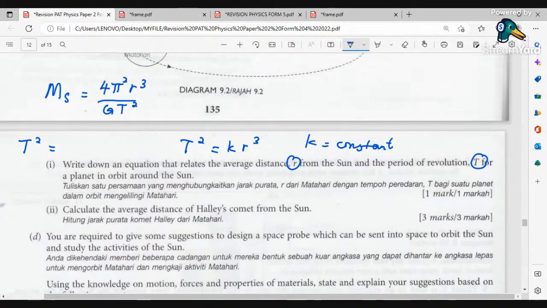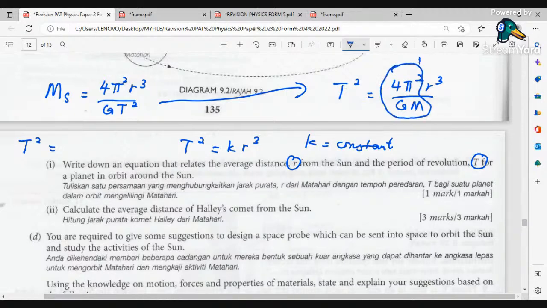Ni kan? Ni kalau susun semula dia akan jadi T squared equals K r cube. Okay. Ini K constant. Okay. So itu adalah Kepler's third law.